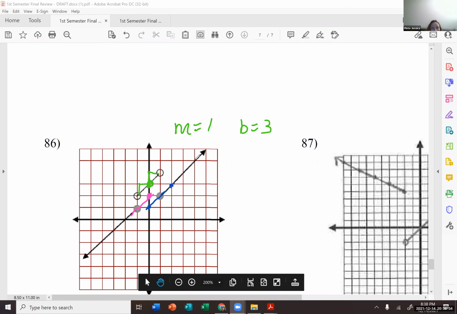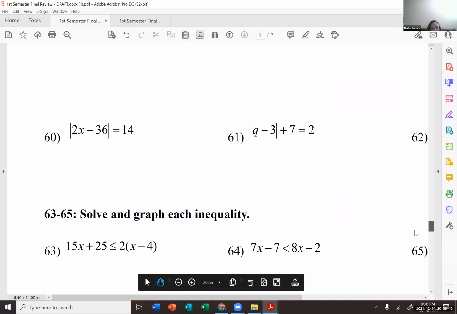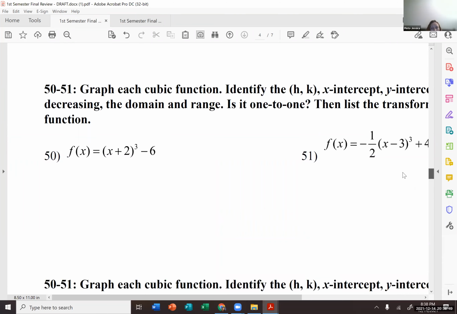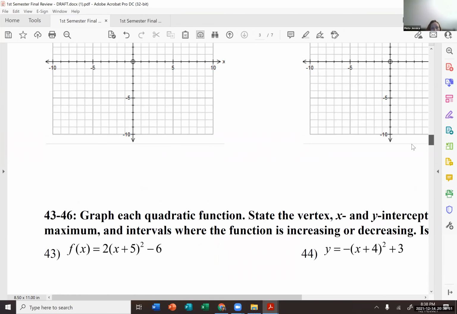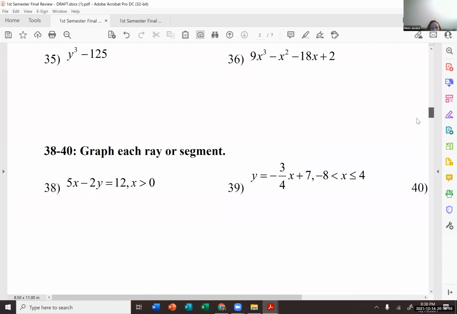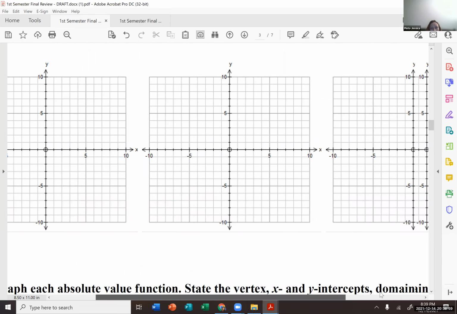And then coming back to number 40. 40 was close to where we were before, but I'm just going in the order that they were asked. Here's 40. Okay, 40 says graph this ray or segment.